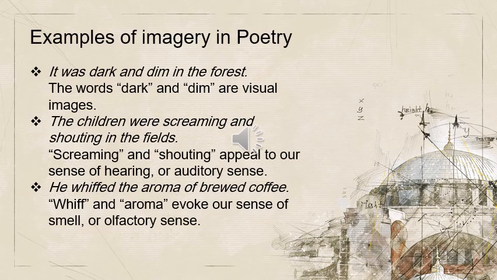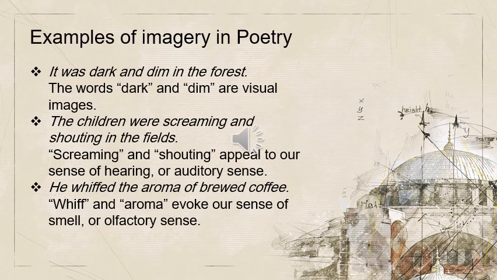Examples of imagery in poetry. It was dark and dim in the forest. The words dark and dim are visual images. Jadi di contoh yang pertama, it was dark and dim in the forest.